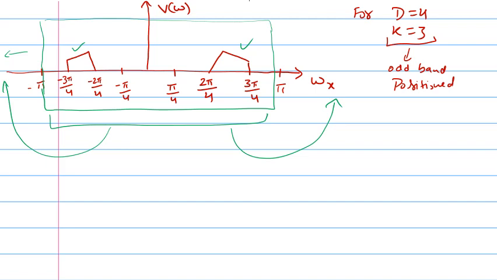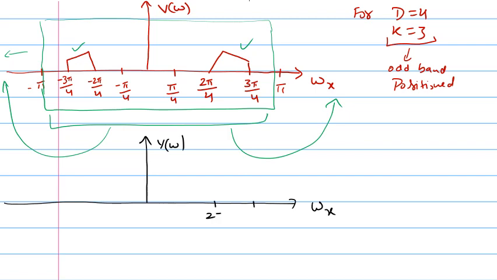Now let me just sketch the y omega part. Let me keep this omega x only, and this is your y omega. Now the first thing is this part will remain same.